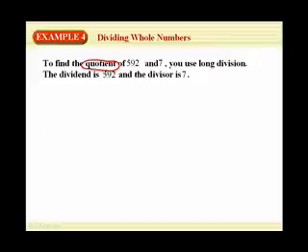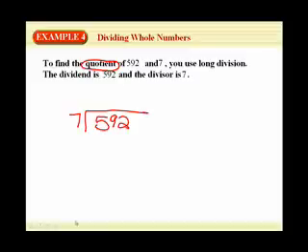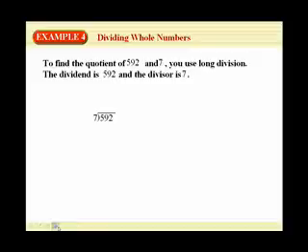And a lot of times I think of it like this. You have $592 and you're going to split it up with 7 people. How much money are you each going to get? So it says you can use long division. So let's see what they do in long division here. So there they are, writing it as a division problem with the answer. Actually, these have some special names.